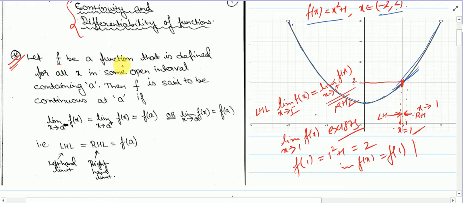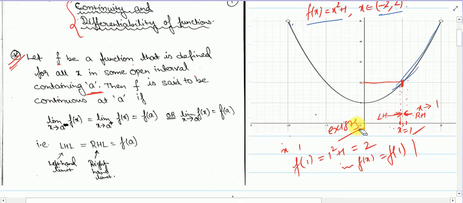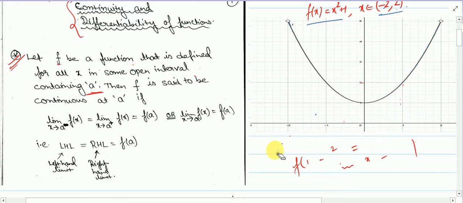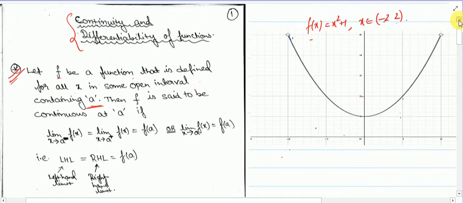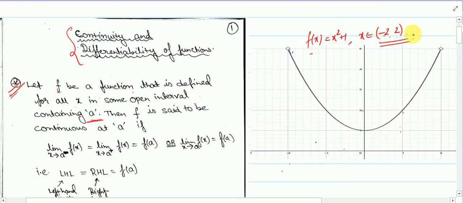Let f be a function that is defined for all x in some open interval containing a, like here this was our function f of x, and this is defined in the interval minus 2 comma 2. So this function is defined on this interval, clear.